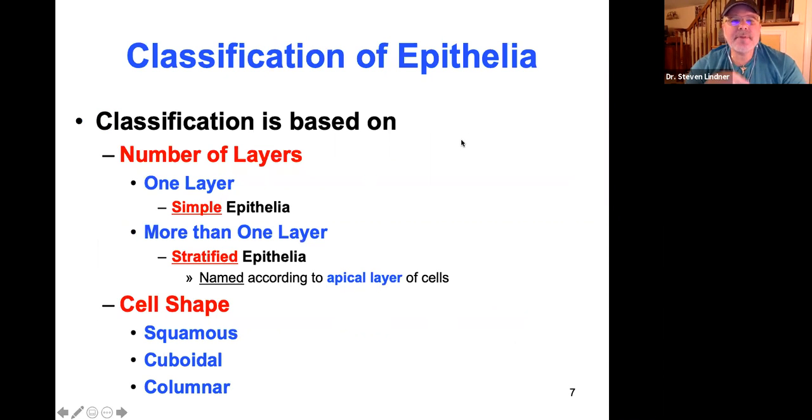Now, when we look at epithelium, we have to look at it under a microscope and ask ourselves some questions about what we see in order to name what we're looking at.